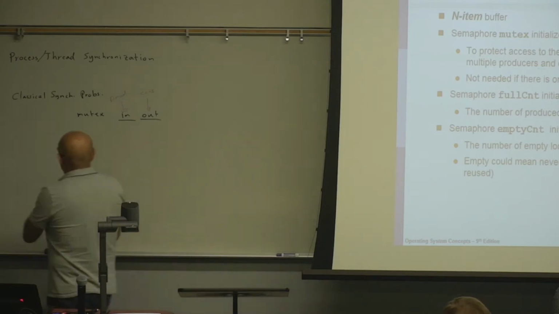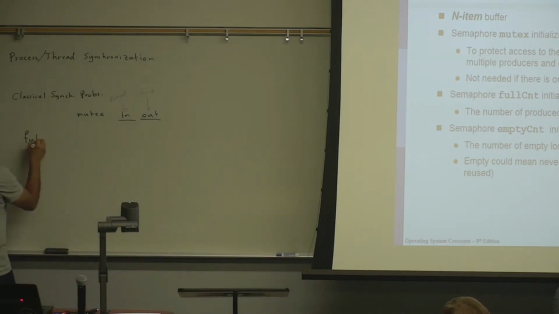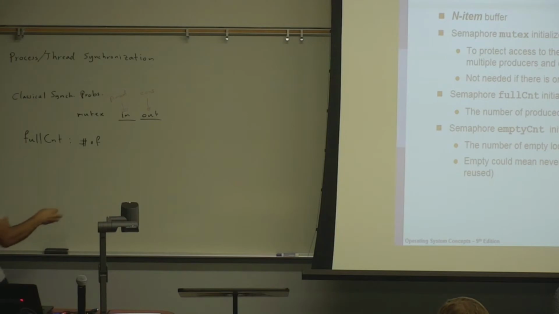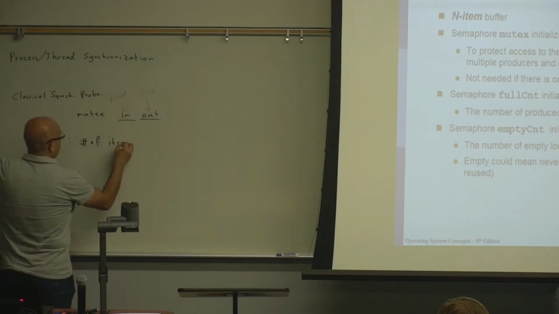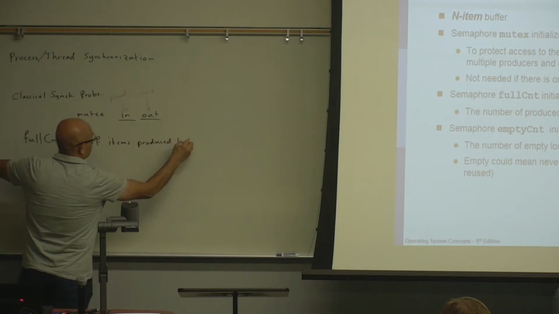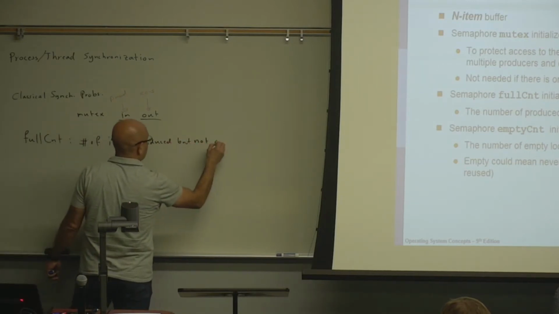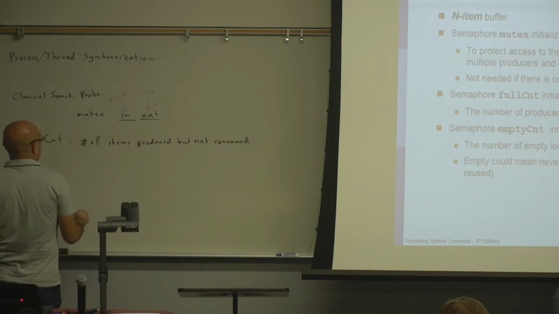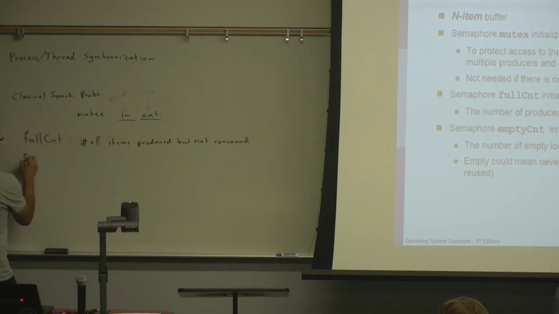One is the full count, which counts the number of items produced but not consumed in the buffer.